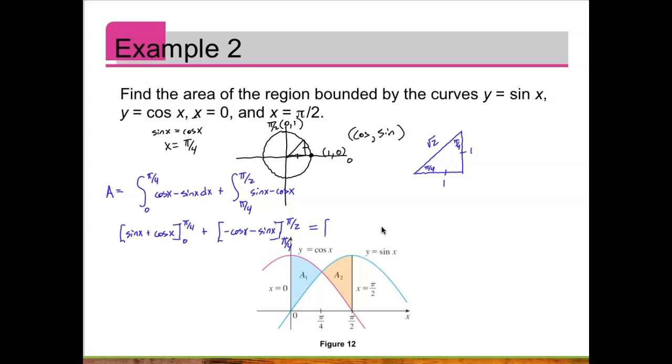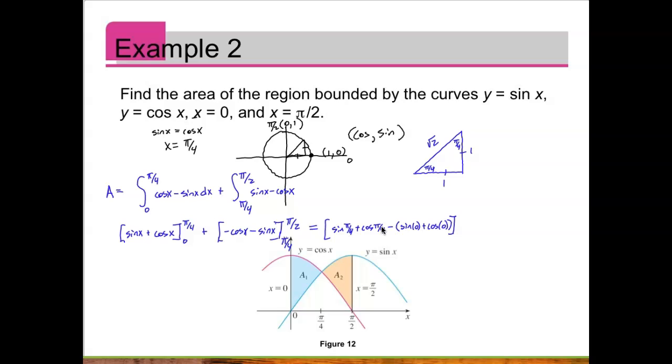Well, let's start plugging these in. For the first one, I'll plug in pi over 4. I got sine pi over 4 plus cosine pi over 4. And then plug in the lower limit, and I'll have minus the quantity sine 0 plus cosine 0. You do have perfect symmetry here.